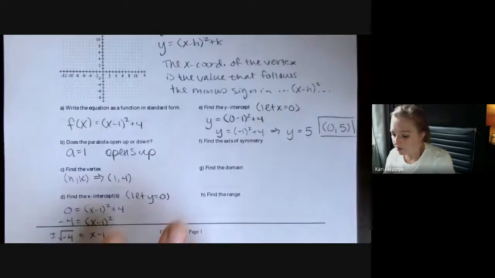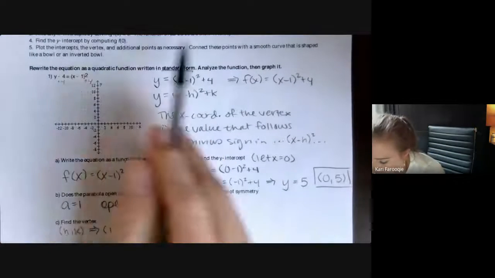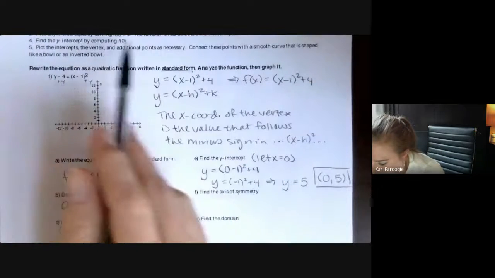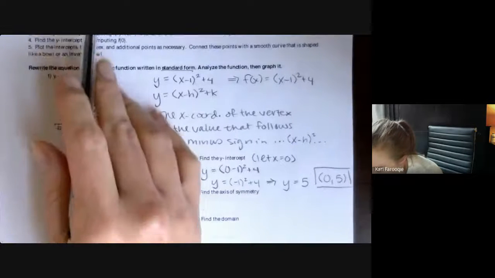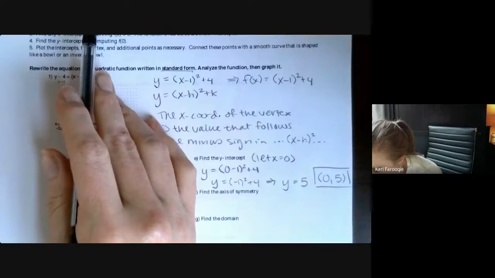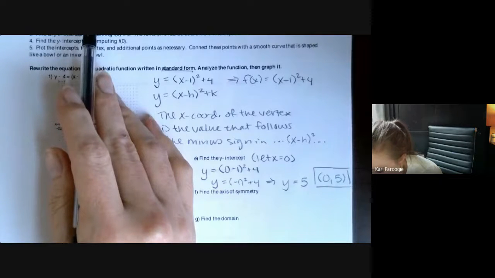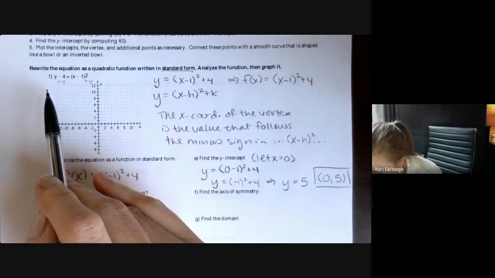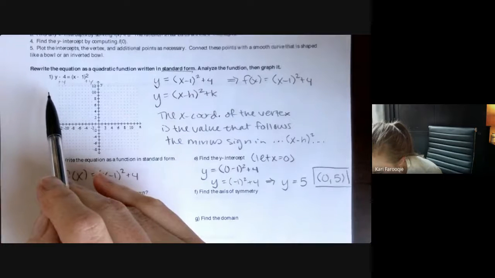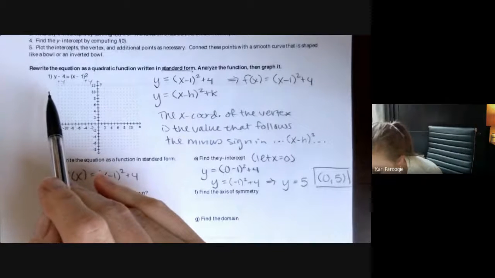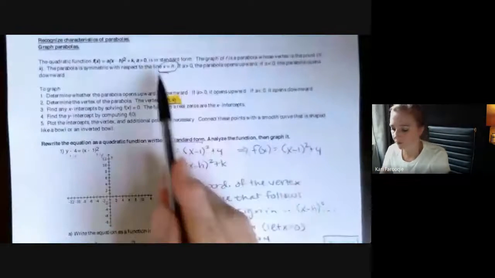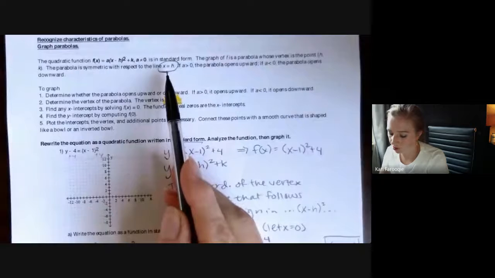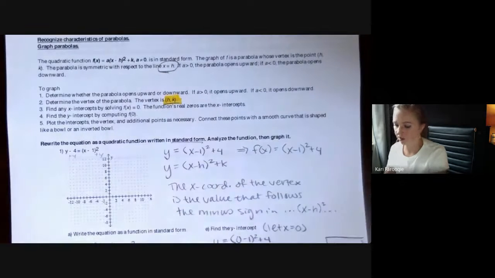All right, the axis of symmetry was also given to you up here in the directions somewhere. It was stated that the axis of symmetry is a line that goes through x equals h. X equals h is where your parabola is symmetric about that line.